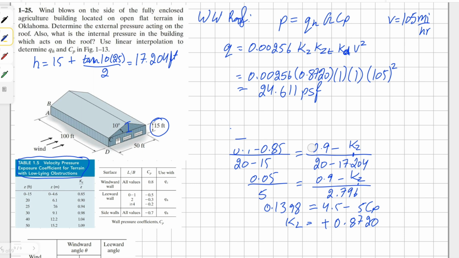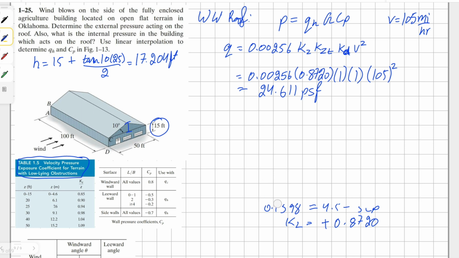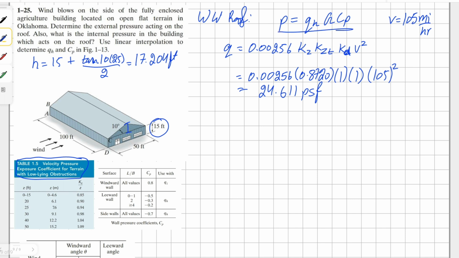Okay, now that we have our velocity pressure figured out, we can go back to our design pressure equation once again, and it looks like we are missing another part here, and that's our roof pressure coefficient in order to solve our design pressure equation here. So let's write this equation first of all before we do anything.